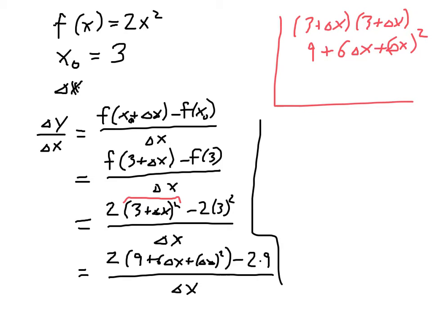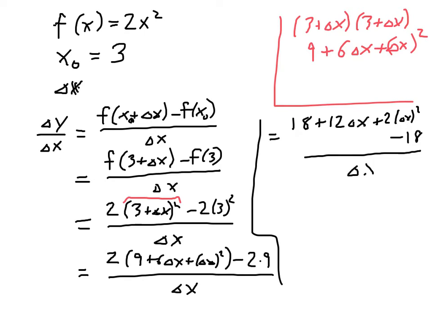If we distribute the 2 in front, the numerator will then be 18 plus 12 times delta x plus 2 times delta x squared minus 18, all divided by delta x. Now happily, this 18 here cancels with the 18 at the end. And we have 12 delta x plus 2 times delta x squared all divided by delta x.